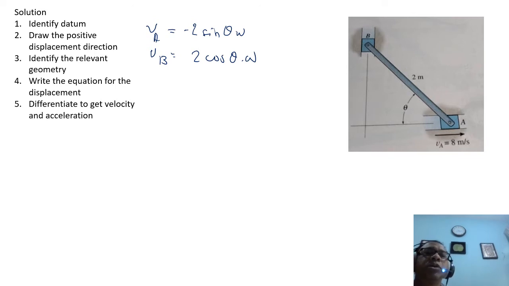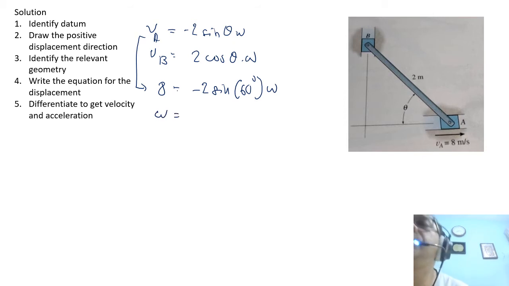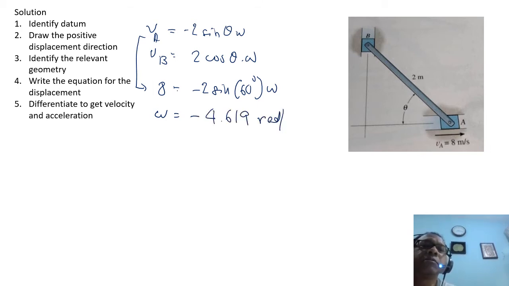We need to find omega. We know VA equals 8, so 8 equals minus 2 sin 60 degrees omega, and from there omega equals minus 4.619 radians per second. So omega is in this direction.